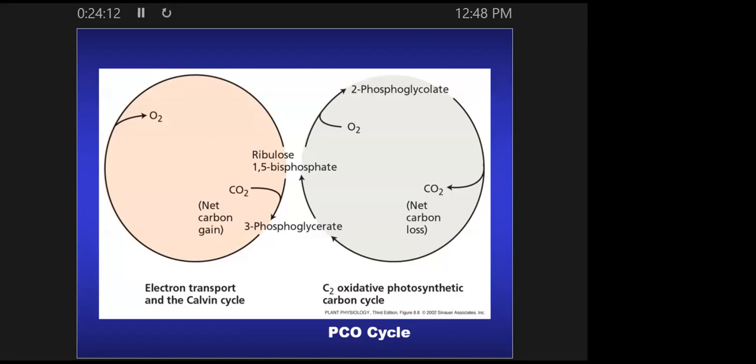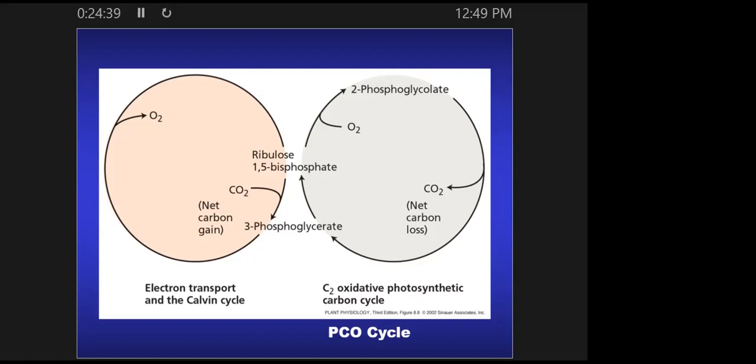This is trying to put in a visual what can happen with Rubisco, whether it takes CO2 or O2. So on the left in the peach colored circle, that's the good one. If RuBP takes CO2, you get the 2 molecules of PGA, and things cook along with the Calvin cycle. Great. On the gray end of this, you see oxygen coming in, and you get a PGA, but you also get that funky glycolate.